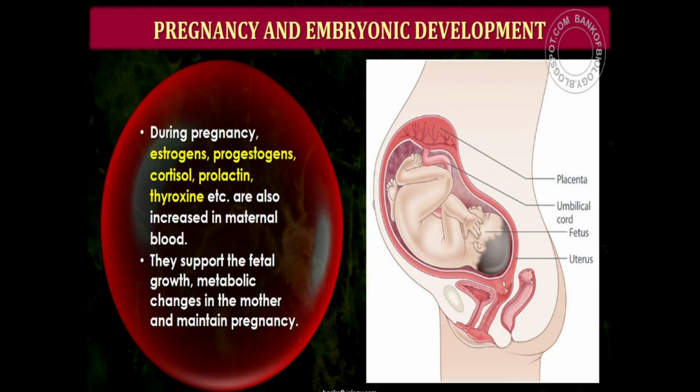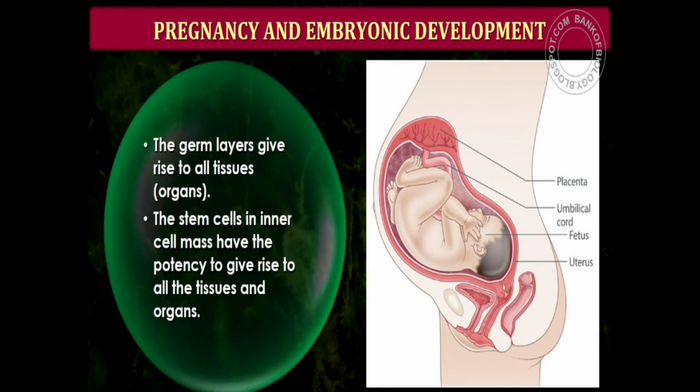You have already studied chemical coordination in the first year. They support fetal growth, metabolic changes in the mother, and maintain pregnancy. All these hormones are meant to maintain the pregnancy itself.